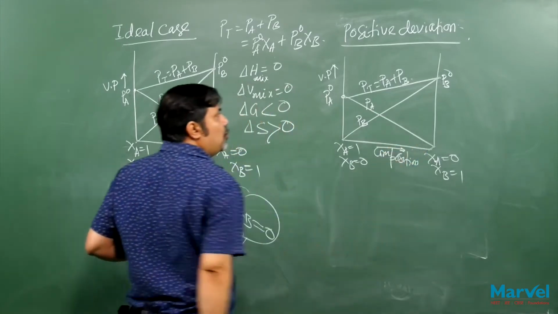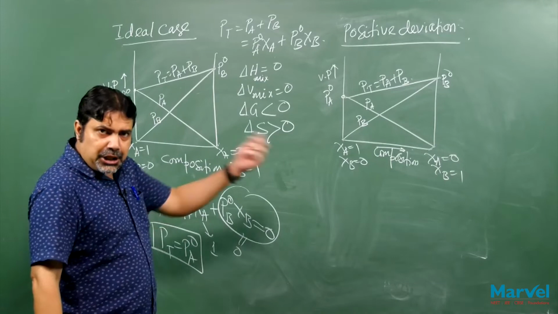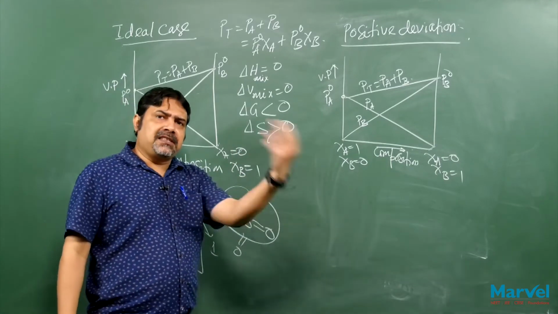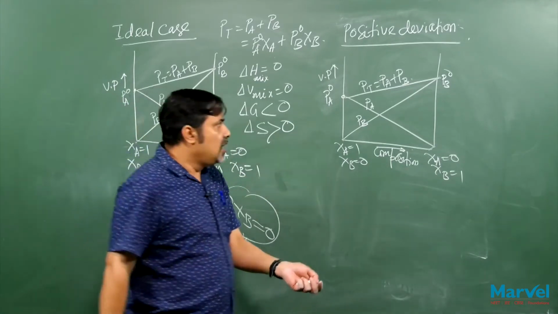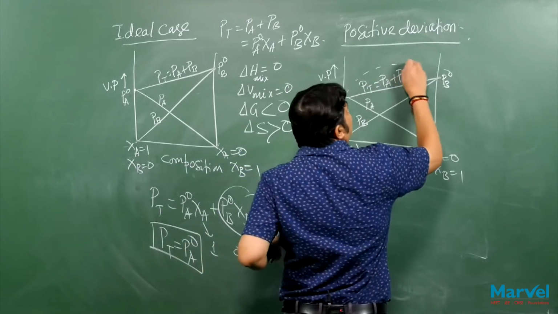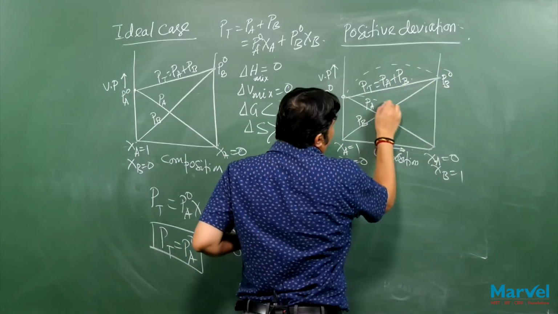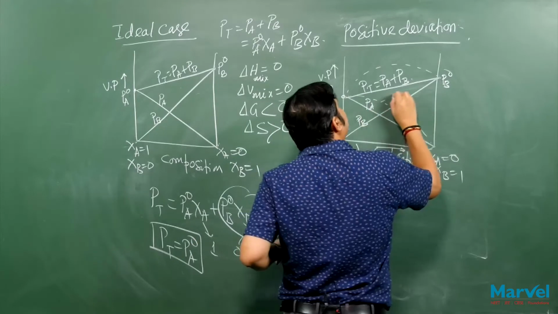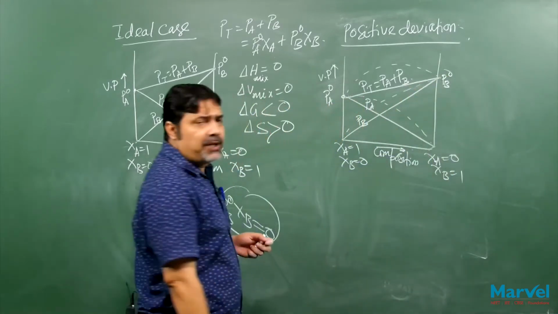And then if you look very nicely, positive deviation means what? The vapor pressure will be higher than the ideal value. That is nothing but a positive deviation. This line will go this way, this line will go this way. This is a positive deviation.